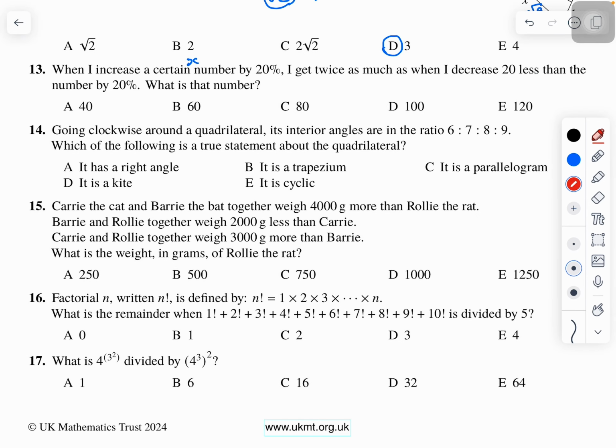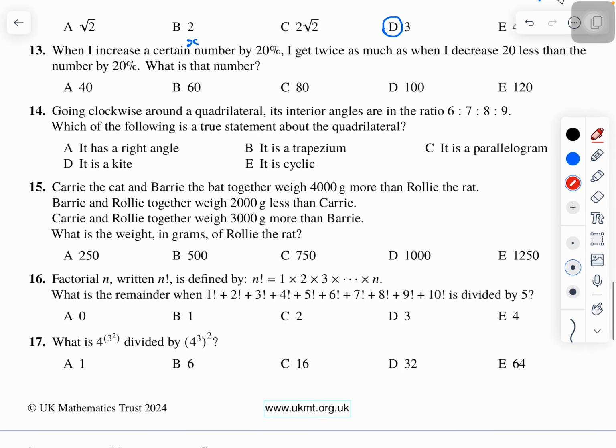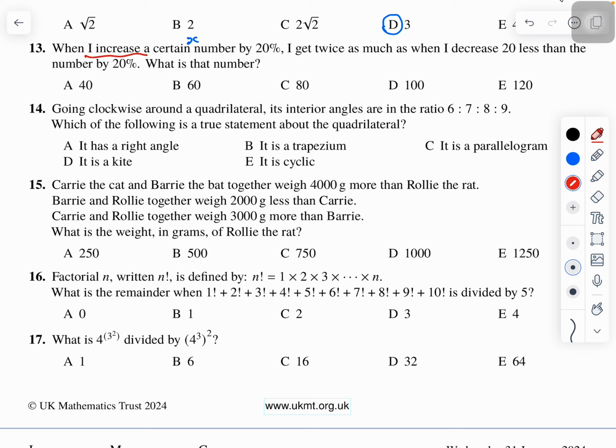So here, let's make the sentence into an algebraic expression. When I increase, 1.2 times the number equals twice as much, it's double. This is the double of something. What is that something?